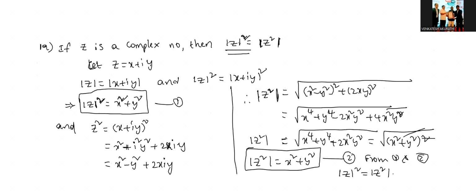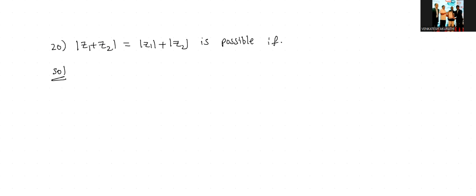And the next problem is: mod of (z1 plus z2) is equal to mod z1 plus mod z2, is it possible? If these two are possible, let us see what we can do. Given mod of (z1 plus z2) is equal to mod z1 plus mod z2.